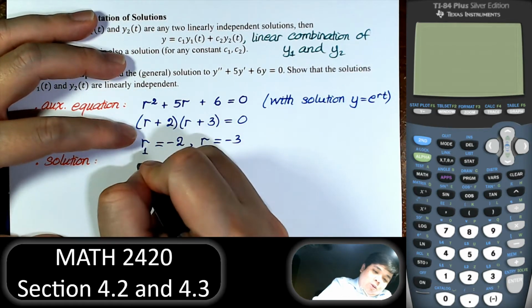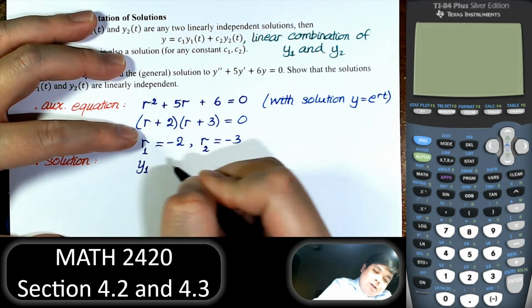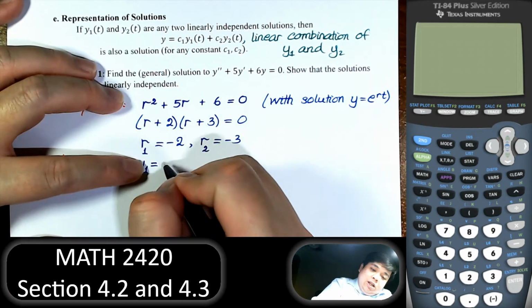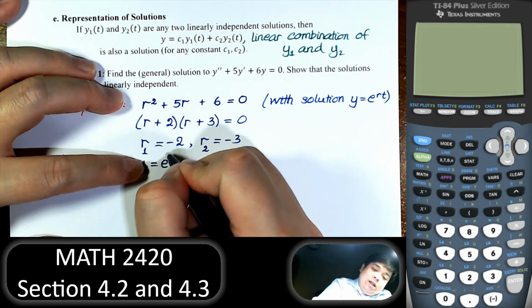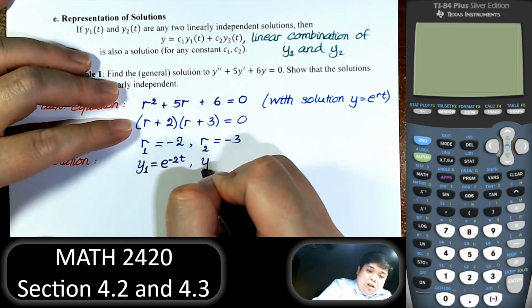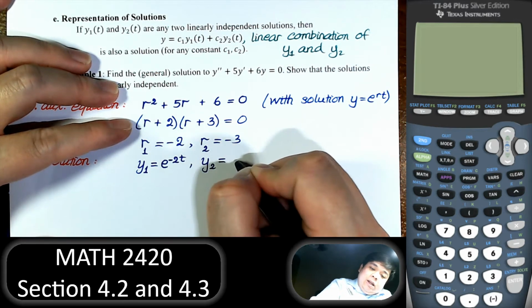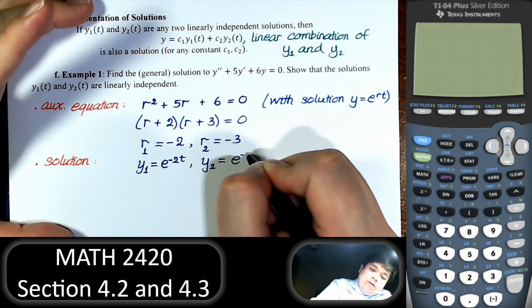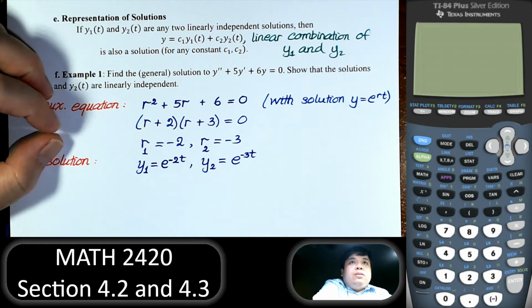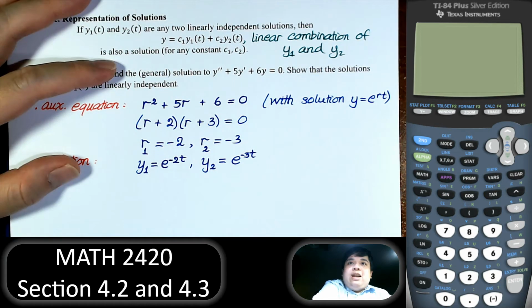We can write y1 is e to the rt, so it will be e to the -2t, and y2 is e to the -3t. Just like that.